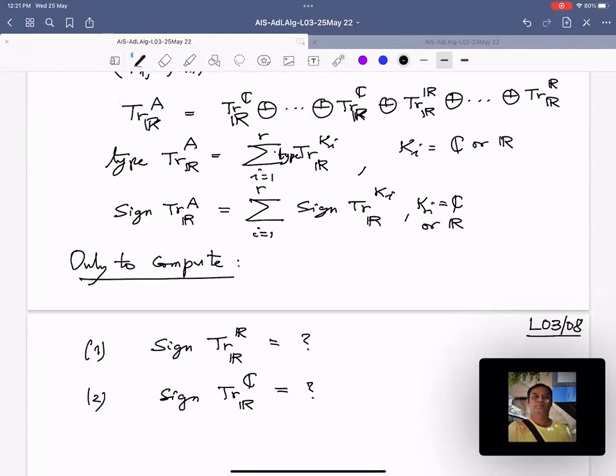That is easy. And what we can see easily is that this trace signature is 1 and this signature is 0. So this will correspond to the complex points and this will correspond to the real points. And that would prove our theorem. So that is the rough idea.